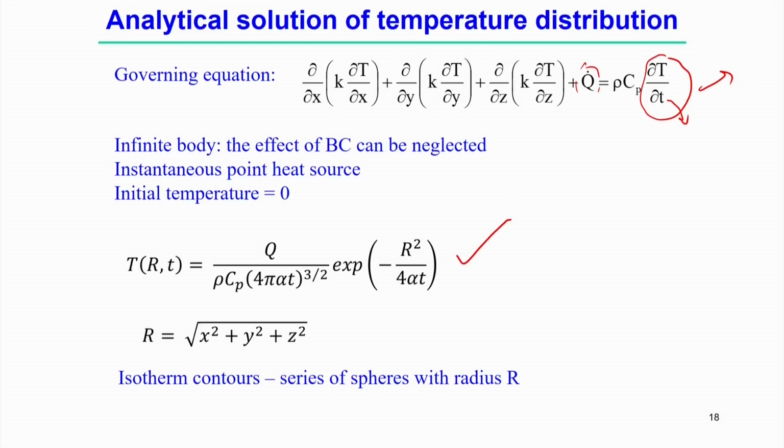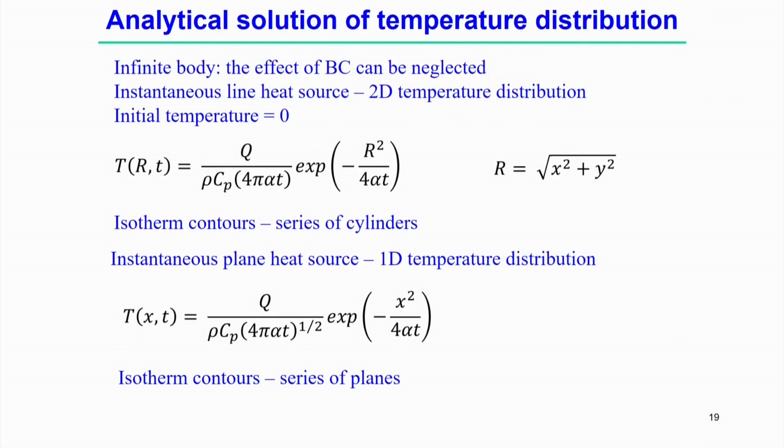We can represent this in such a way that the estimated isotherm contour is a series of spheres with radius r, so radial distance equal to r. That means here we get a 3-dimensional temperature distribution with these assumptions, and this temperature varies with respect to time also.